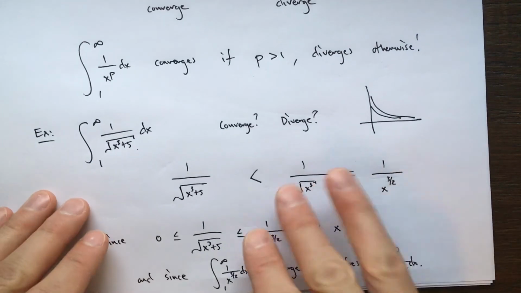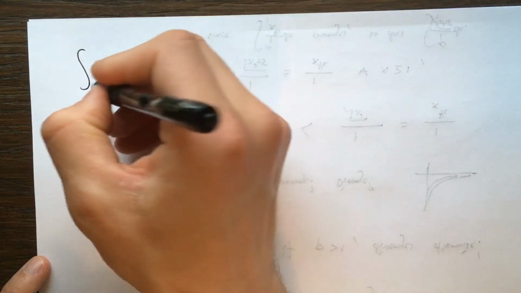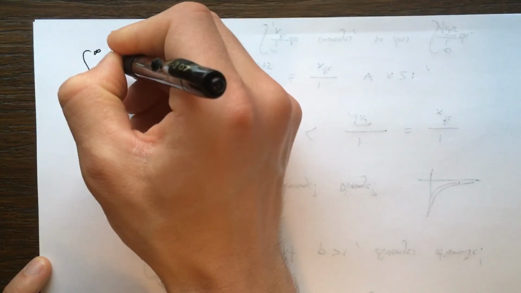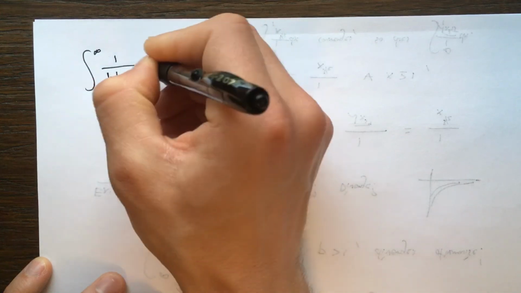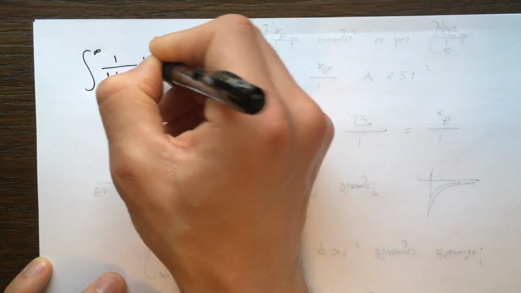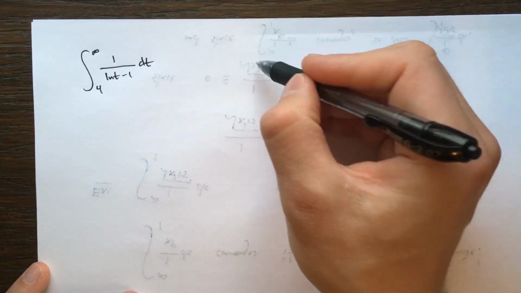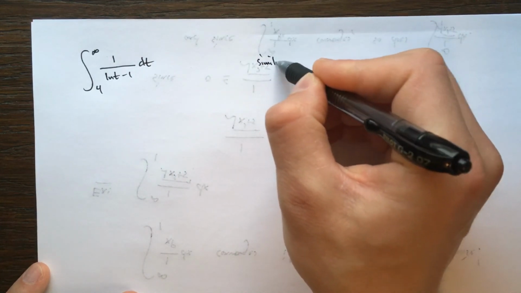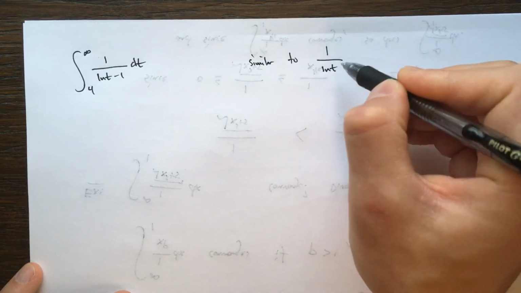Okay, let's look at one more example and then we'll be done with this. So let's consider the integral from 4 to infinity of 1 over ln of t minus 1 dt. So this is a lot like 1 over ln of t.